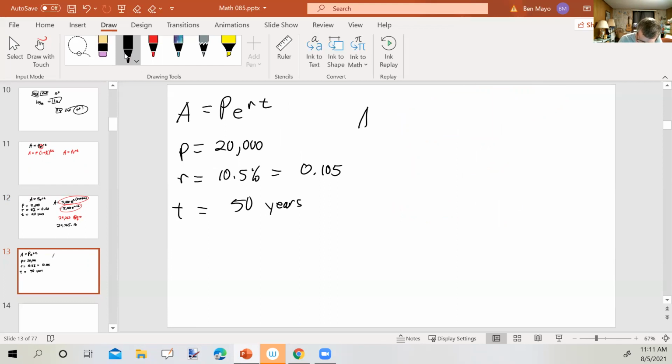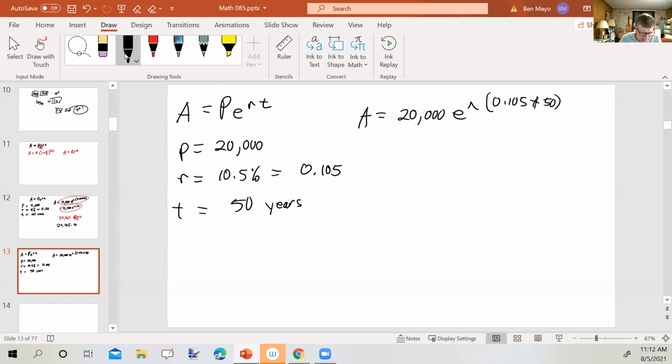All right, so A equals 20,000 times e to the 0.105 times 50 power. I'm not going to pre-multiply it this time. I'm just going to leave it like that. So I've got 20,000 second e to the x, and then here I've got 0.105 times 50.